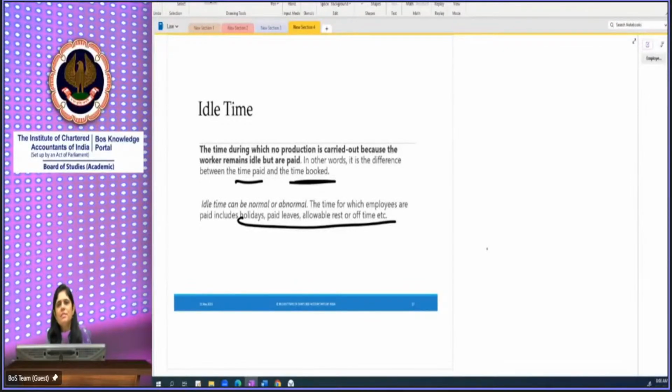So now the worker is sitting idle, but every day the machine will not break down, no? So that is abnormal idle time. Something that happens every time is normal idle time. Something which has just happened today, but might not happen tomorrow, is abnormal idle time.